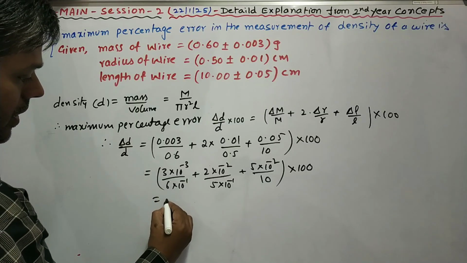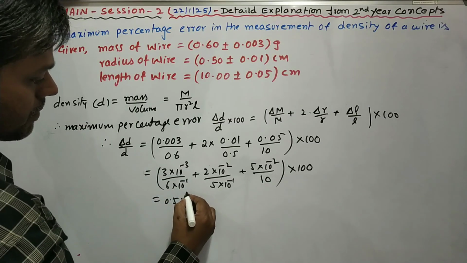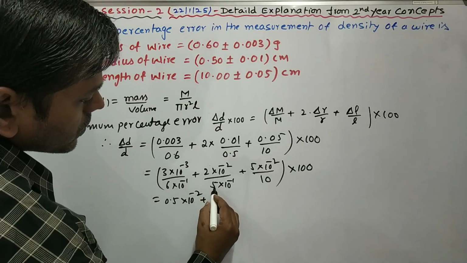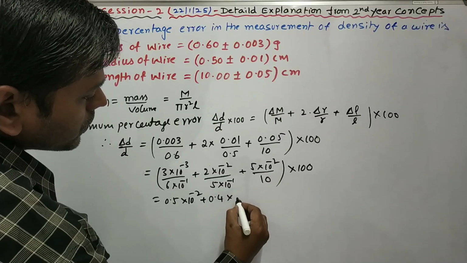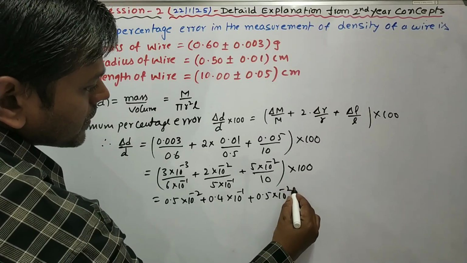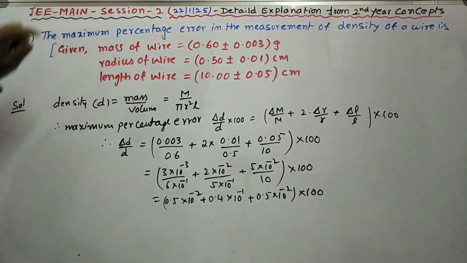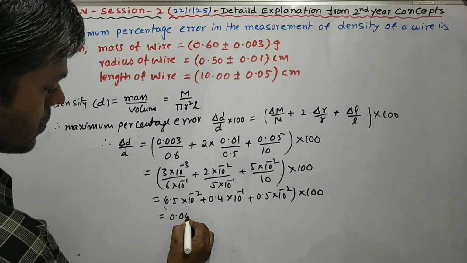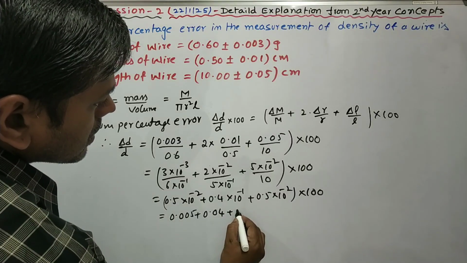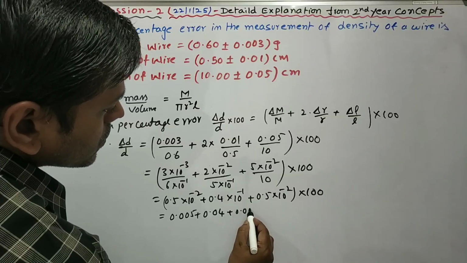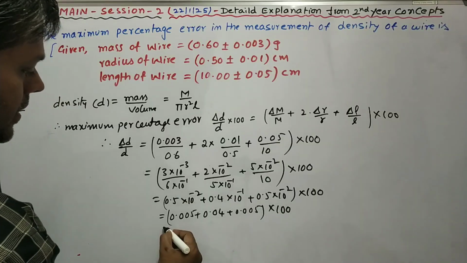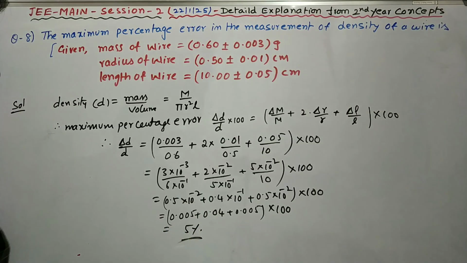So its value is 0.005 plus 0.04 plus 0.005, into 100. Finally, we get 5%. That's it.